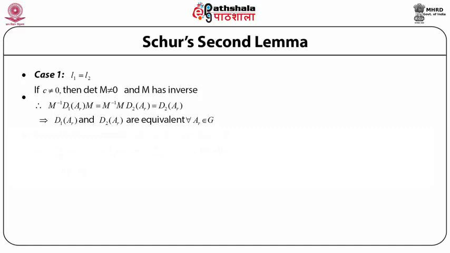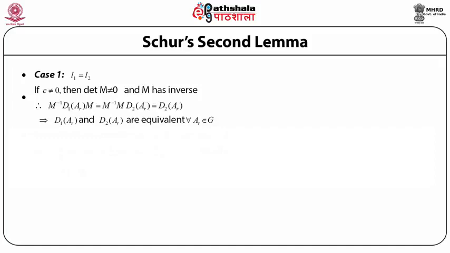If C is not equal to 0, then the determinant M is obviously not equal to 0 and therefore M has an inverse. Therefore, M inverse D1(A_R) M is equal to M inverse M D2(A_R), because D1(A_R) M is equal to M D2(A_R).